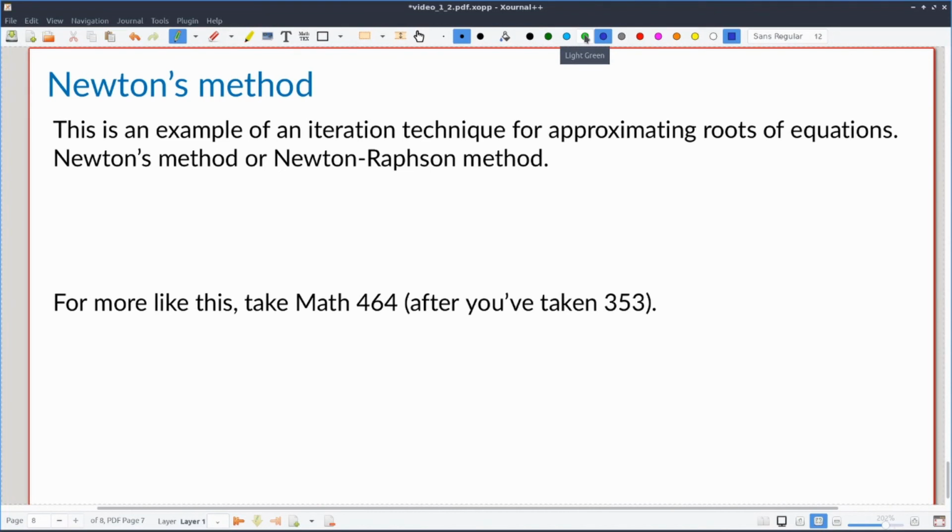And if you're interested in learning more examples like this, I encourage you to take Math 464, but you'll have to take Math 353 first. But I do think it's a beautiful, beautiful area and a beautiful family of examples.